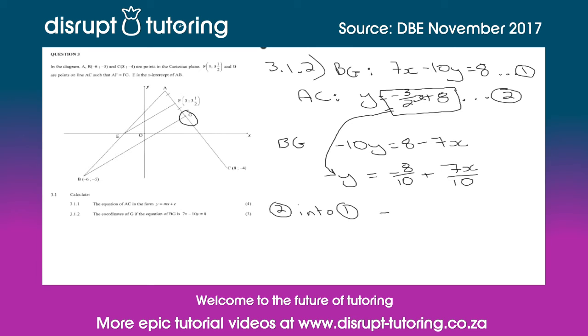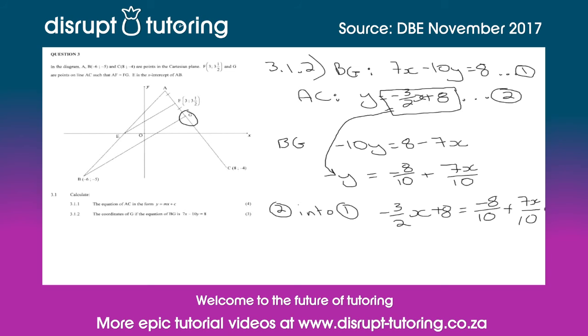So if we rewrite that, it's minus 3 over 2x plus 8, and then still equals your negative 8 over 10 plus 7x over 10. And now we've got an equation just in terms of x.